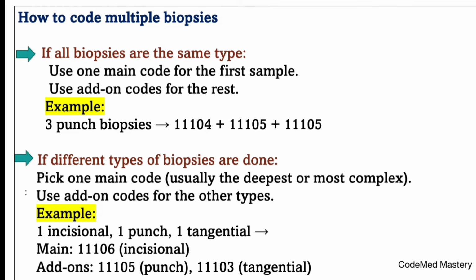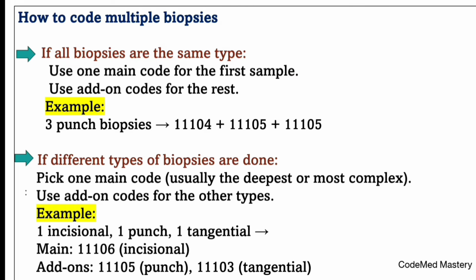Next, if different types of biopsies are done, pick one main code, usually the deepest or the most complex. Okay, and we have to use add-on codes for the other types. For example, if they have done 1 incisional, 1 punch and 1 tangential, we will use the main code, that is 11106 for incisional, because incisional is the deepest and the most complex.